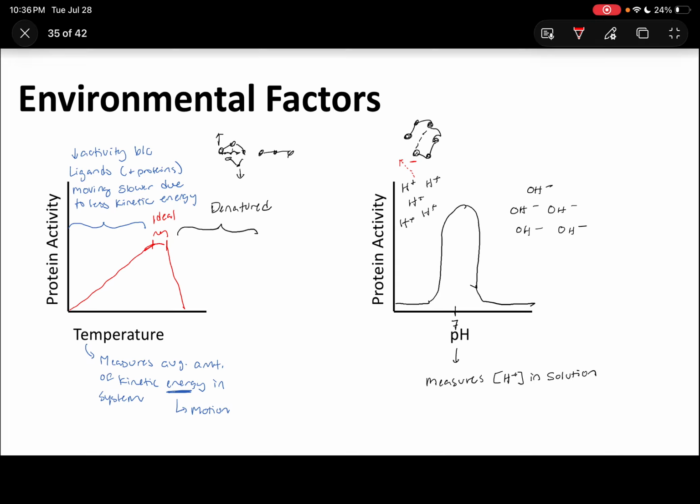They can interact with the positive side chains and exert sort of that effect as well. So what we find is that if we get either too basic or too acidic, we end up with the same effect, which is that in both cases, the protein becomes denatured, it loses its three-dimensional shape, and it can no longer interact appropriately with its ligands anymore at that point.